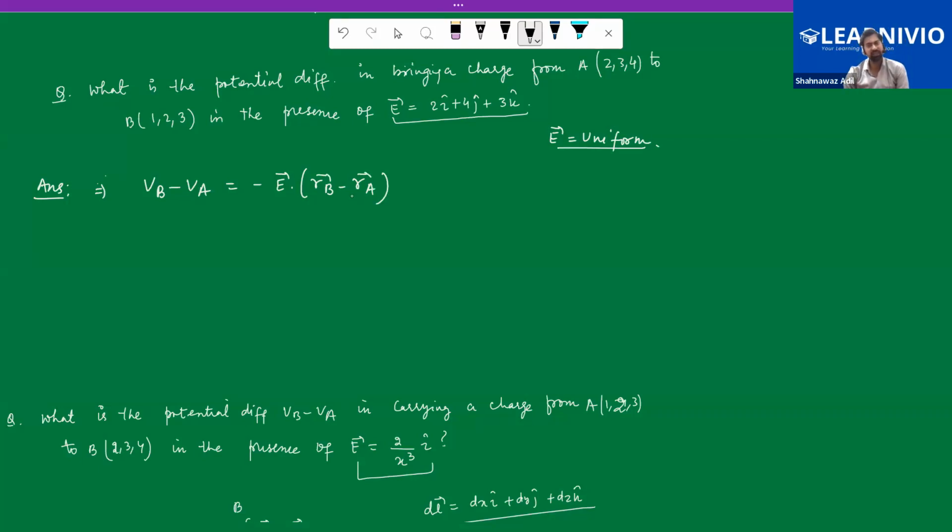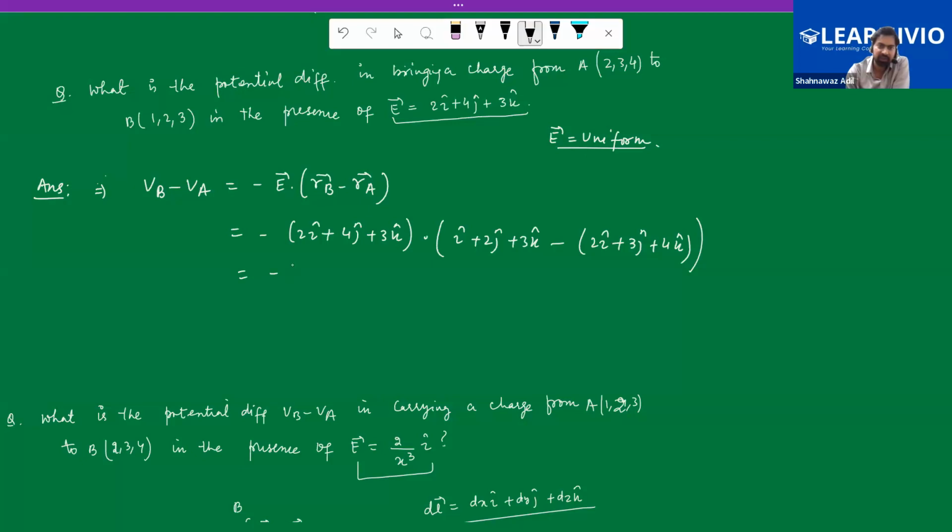That we have just studied. So this would be minus E, that is 2i plus 4j plus 3k, dot RB minus RA. RB is i plus 2j plus 3k, minus RA, which is 2i plus 3j plus 4k.